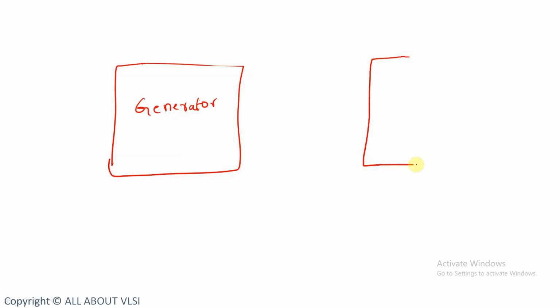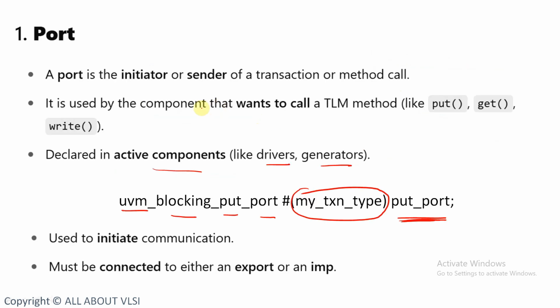Let's say we have two components, one is a generator and another is a driver. We basically have three types of terminologies which we are going to use here. One is port, and the symbol for representing this port is a square box.